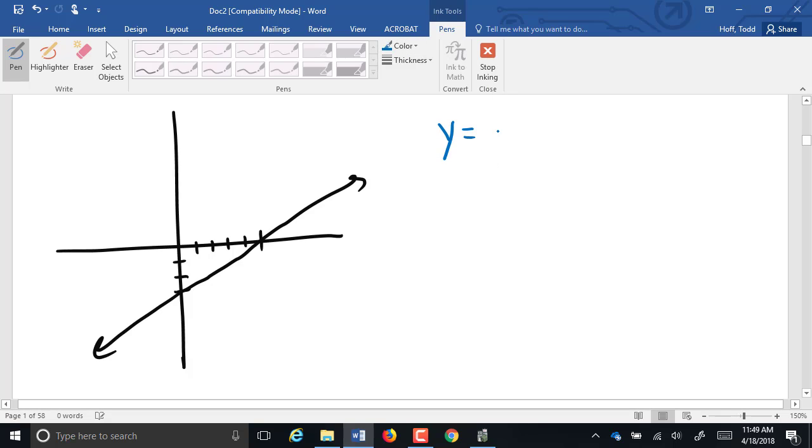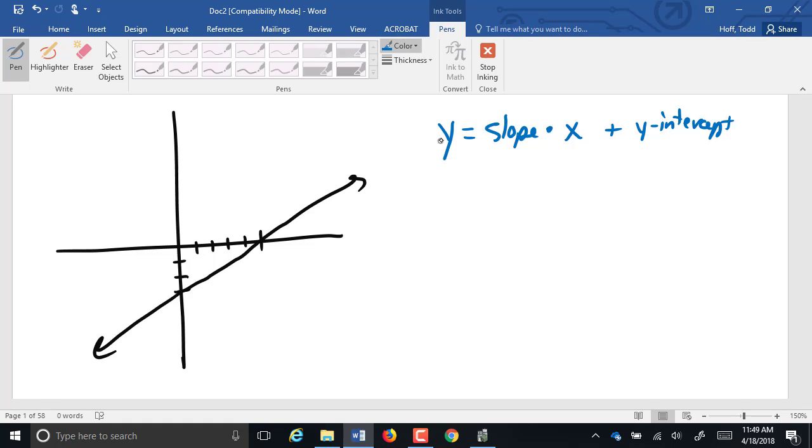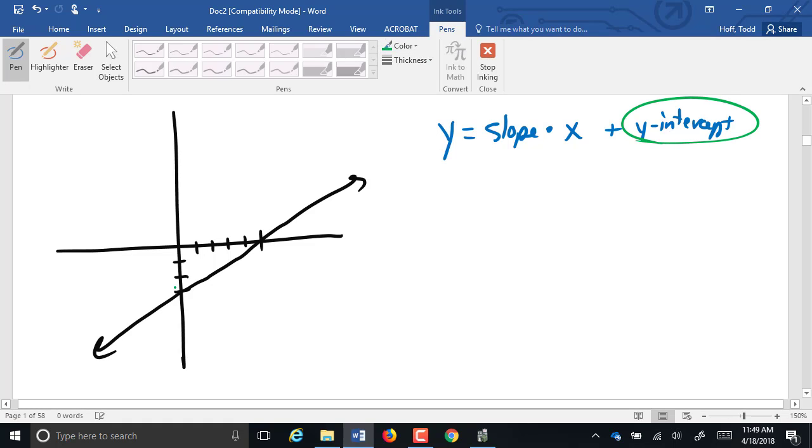I know that y equals a slope times x plus or minus that y-intercept. Well, for this one, the y-intercept is pretty easy to find. That's right here. That crosses at negative 3. The slope is not much more difficult to find. We know we have a coordinate here and a coordinate there.